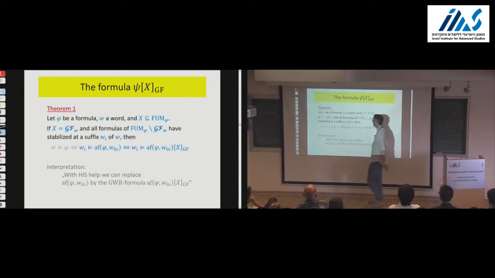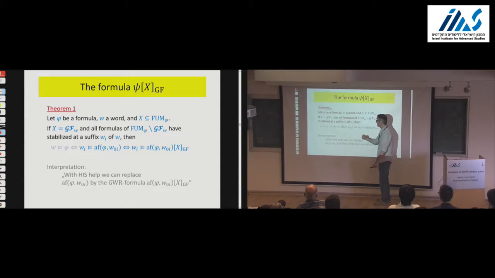Good. So this is the theorem that you can formulate. Let phi be a formula, W be a word, and X be a set of subformulas of phi. Now imagine that X is the right set, the set of subformulas that hold infinitely often.